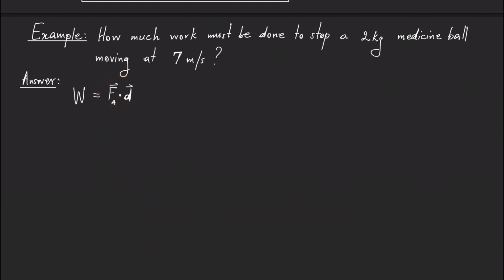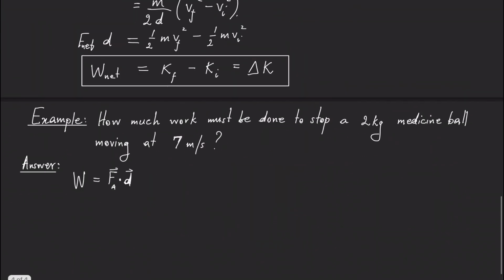But what we know from the work kinetic energy theorem is that whatever amount of work we need to do is going to be equal to the change in kinetic energy. Notice we have enough information to calculate the change in kinetic energy. If we could find the delta K, we know that delta K will be equal to the work done to cause that change in kinetic energy.